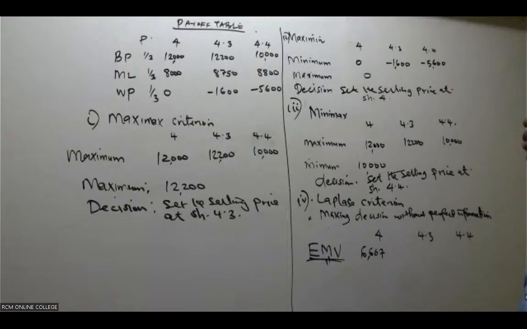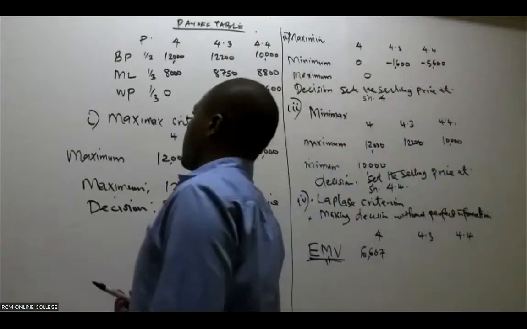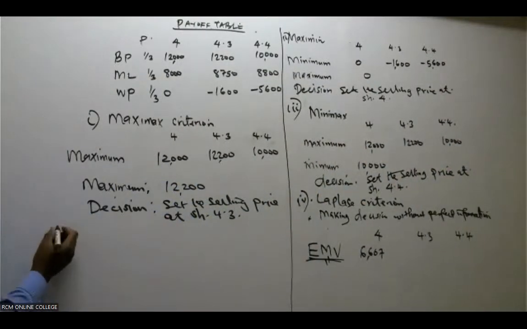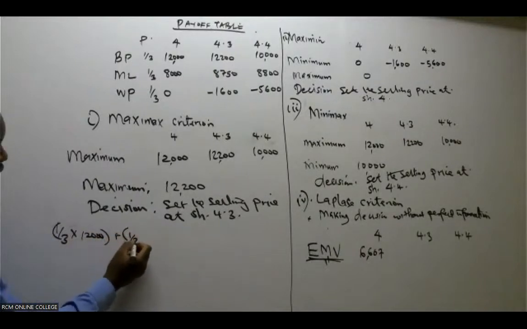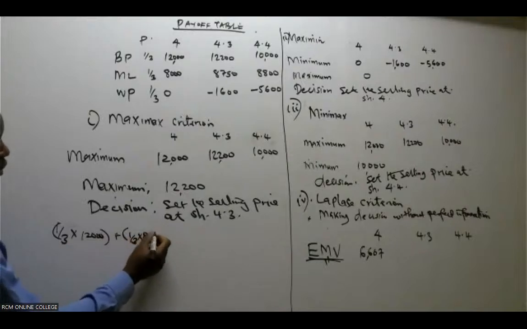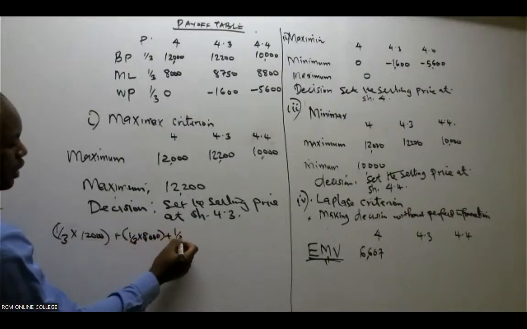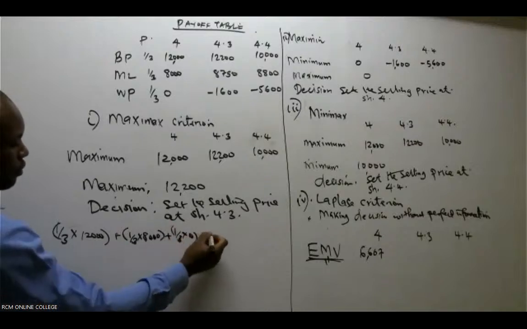Let's go to 4.3. Do the same. A third of 12,200, a third of 8,750, plus a third of negative 1,600. What you are trying to say is the first one, we took a third of 12,000 plus a third of 8,000 plus a third of 0.